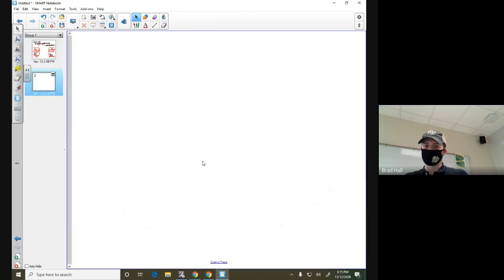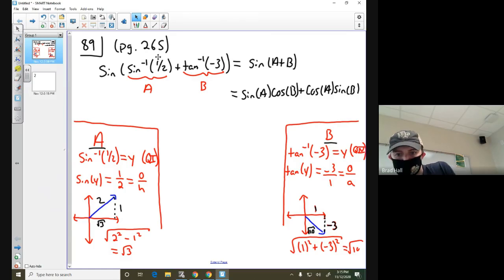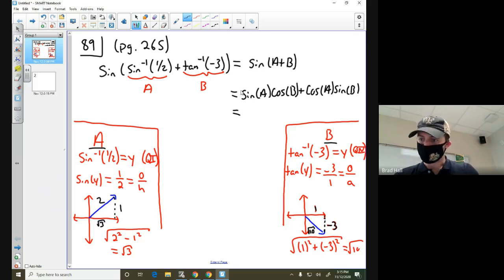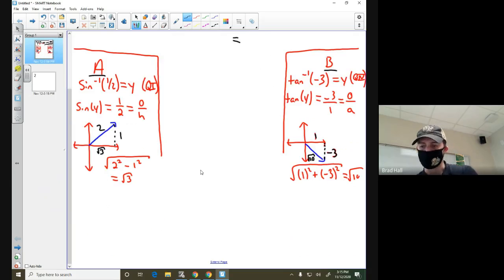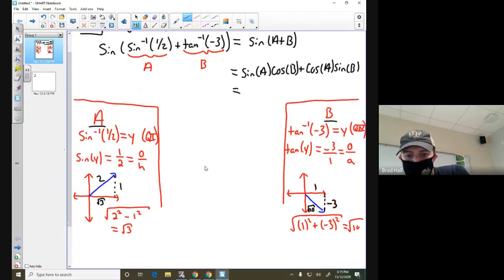So now we need to figure out sine of A, cosine of B, cosine of A, and sine of B. So really, we are going to be doing these for each one of these angles.